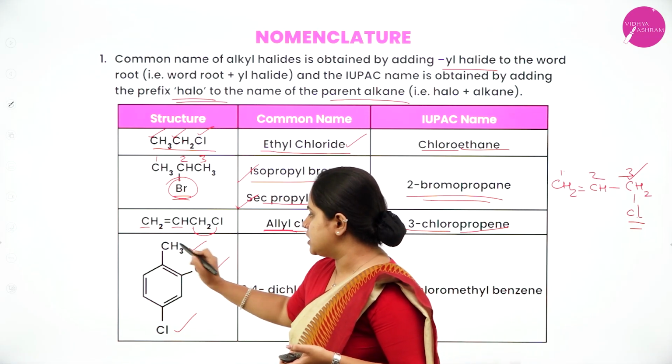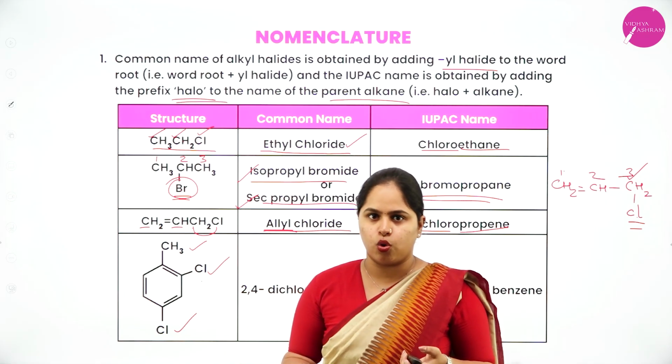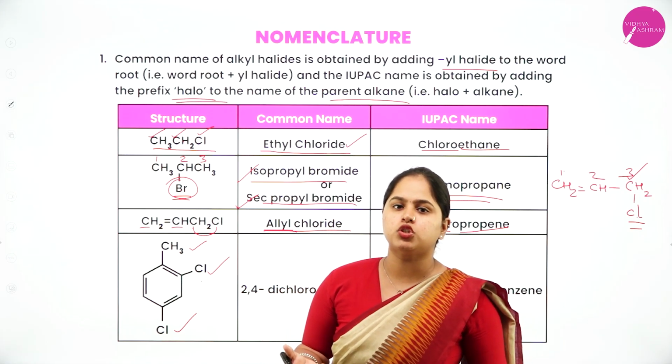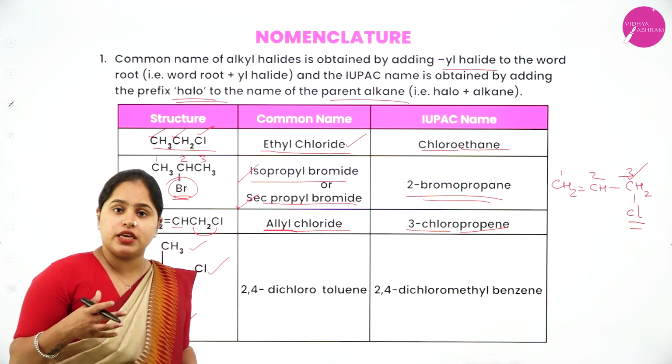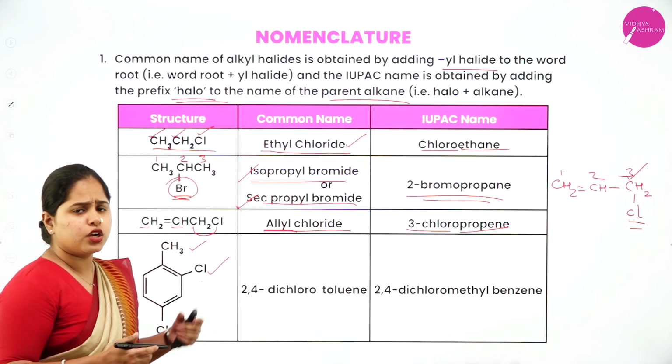So you have CH3 which is called methyl as well as Cl which is called chloro, right? Will chloro come first or methyl come first? Of course, chloro should be named first because according to alphabetical order, that will come first.